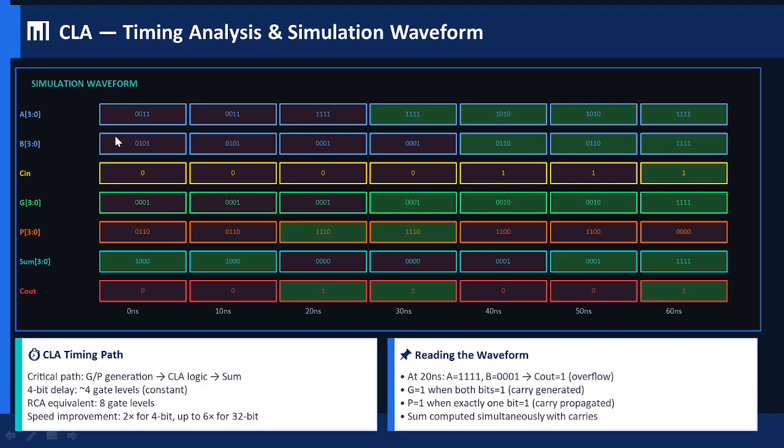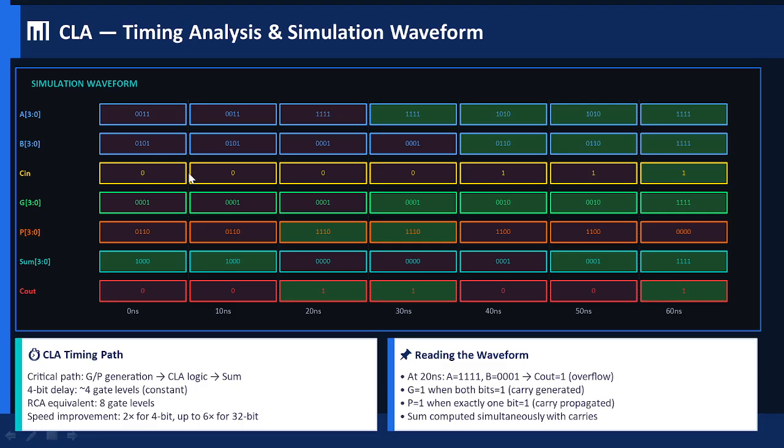What we have here: A is 4 bits, 0011, in which the MSB has 0 and the LSB has 1, right? And B is also 4 bits, which is 0101, right? So if you solve this, first we need to check whether it's generating anything.